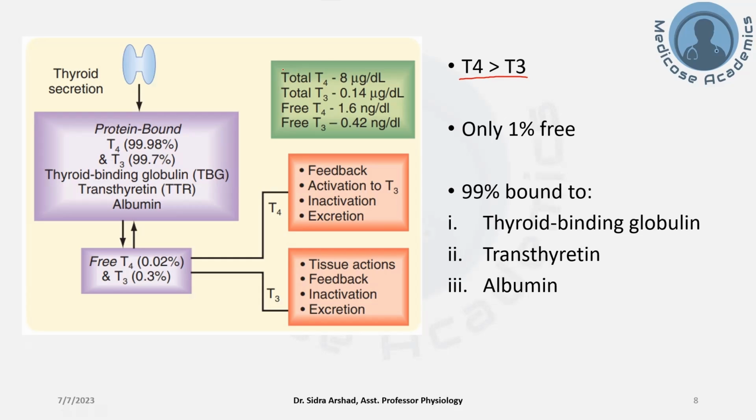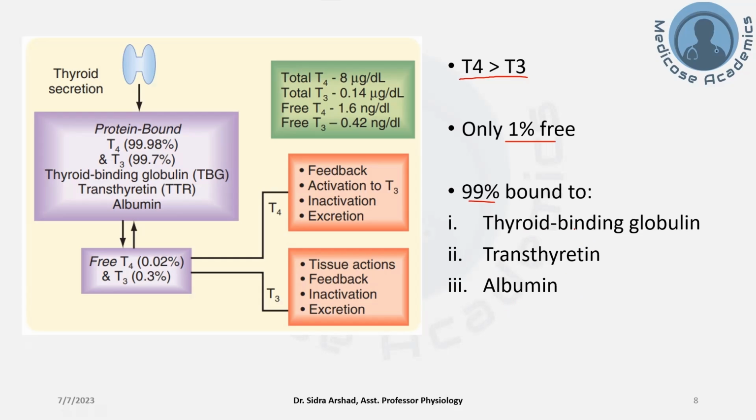Which proteins are involved? Most of the hormones are bound to thyroid binding globulin. Thyroid binding globulin is a protein which binds the thyroid hormones. So they are 99% bound and only 1% is in free form. So 99% of thyroid hormones are bound to thyroid binding globulin, a lesser amount to transthyretin, and then to albumin.